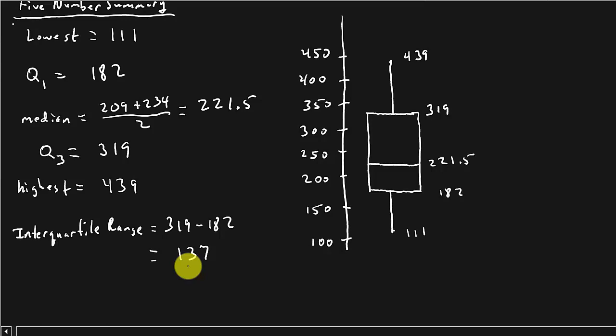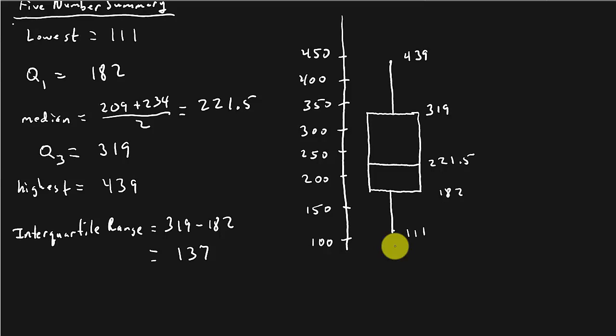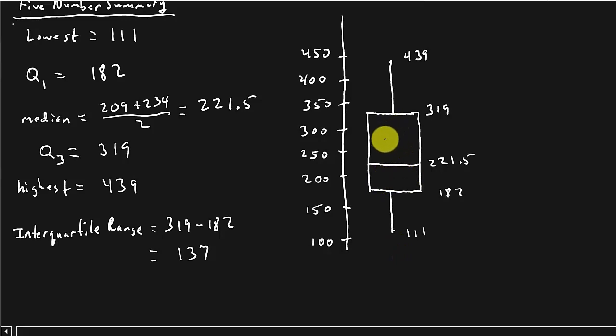You notice that the median is a little closer to the lower part of the box. That means the lower calorie counts are more concentrated, and the calorie counts above the median are more spread out. These are more concentrated here, these are more spread out up here.